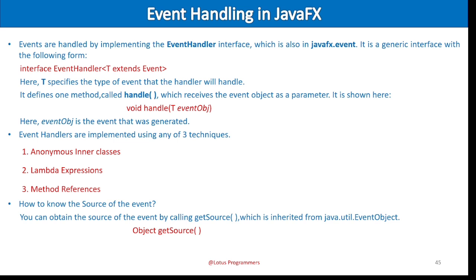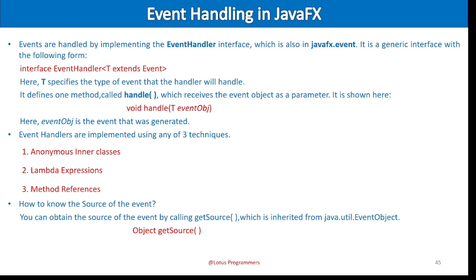In order to handle events by the respective event source objects, there is one interface defined in the javafx.event package. That interface is the EventHandler interface, and the generic type of the EventHandler interface is the event type. In the EventHandler interface, there is one method declared.